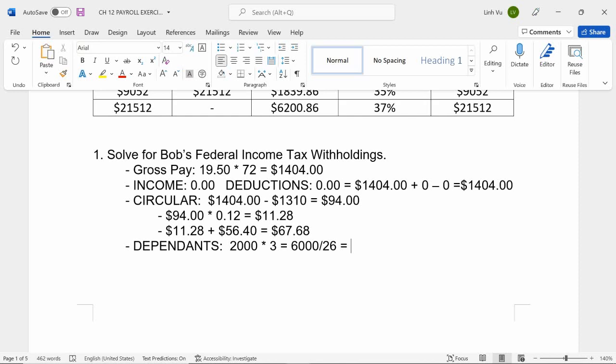So now, 6,000 divided by 26. That's 230.7692.